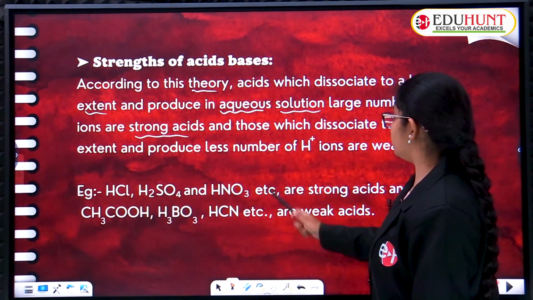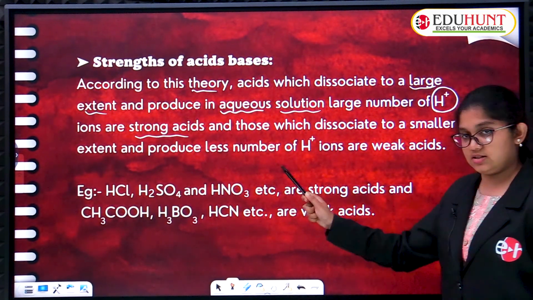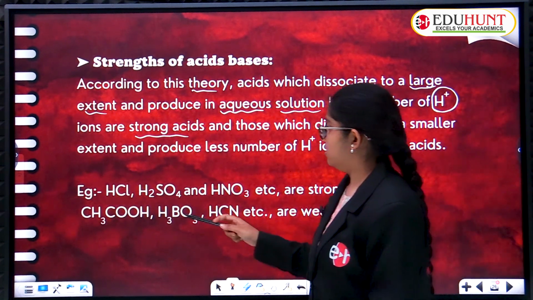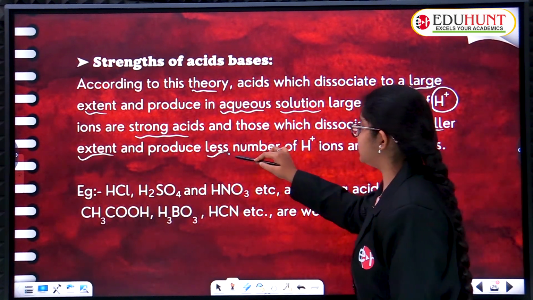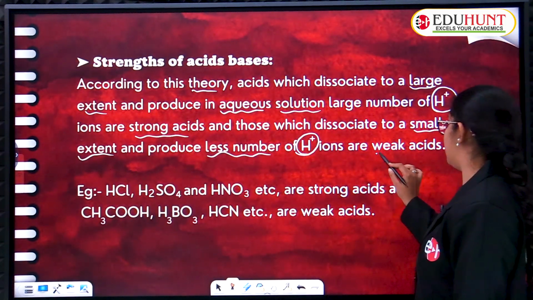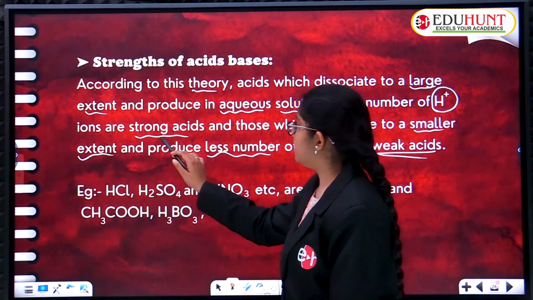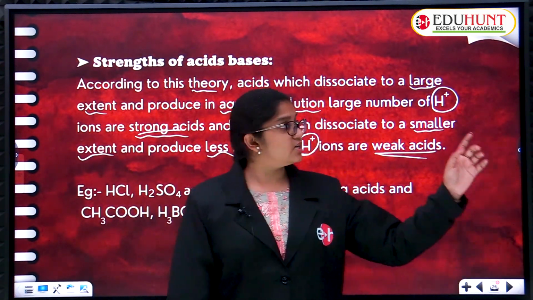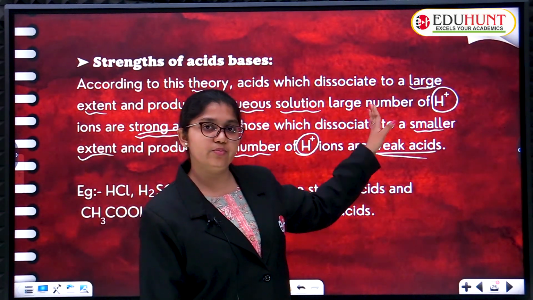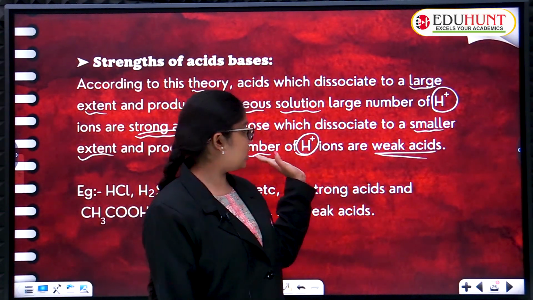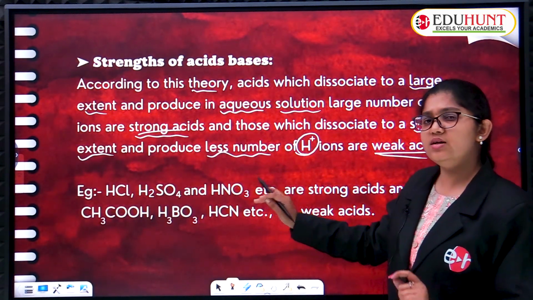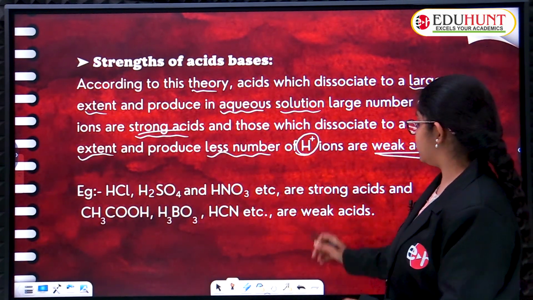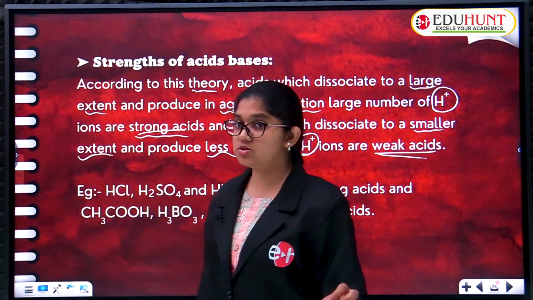Those which dissociate to a smaller extent and produce a smaller number of H plus ions are weak acids. So a large extent with a large number of H plus ions means strong acids, and a small extent with fewer H plus ions means weak acids. We know this already, right?